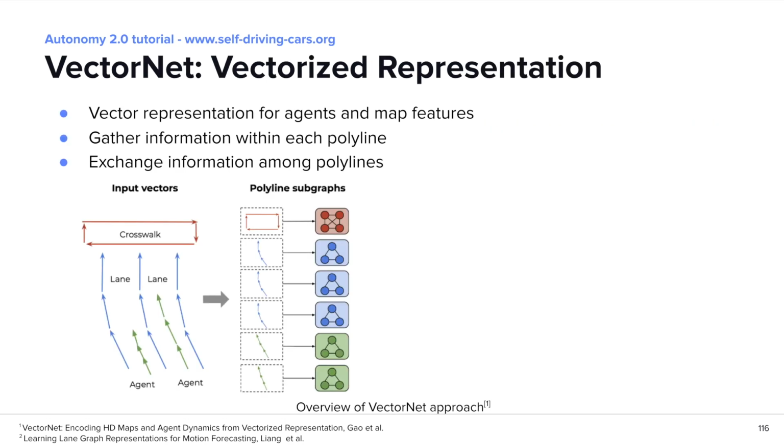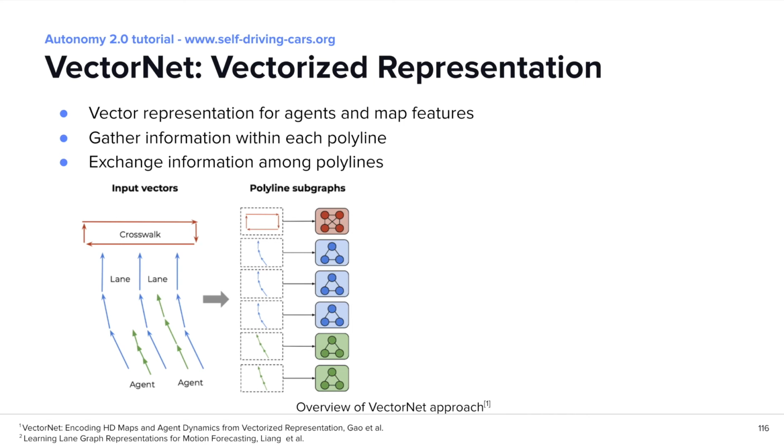In a related work using vector representation called VectorNet, they propose to represent the HD map and agent trajectories using vectorized polylines. Just as you see in the figure, the crosswalk is simplified as a polygon, lane boundaries as well as the agent history are simplified as polylines.